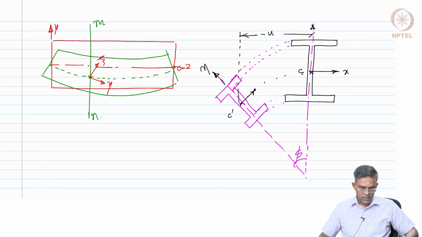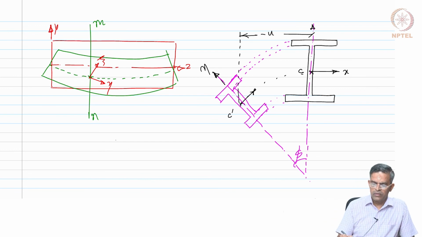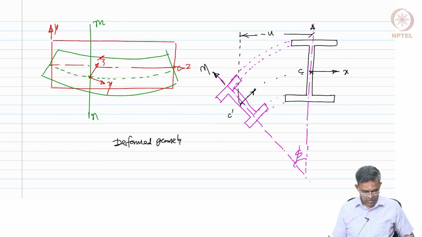Okay. This is the deformed geometry. So, simply supported beam under two conditions, deformed and undeformed geometry.